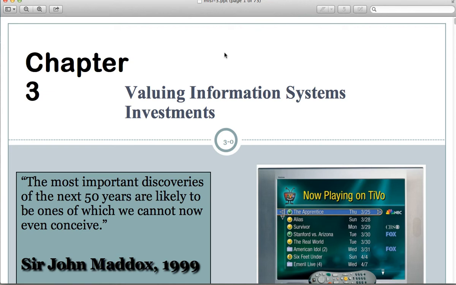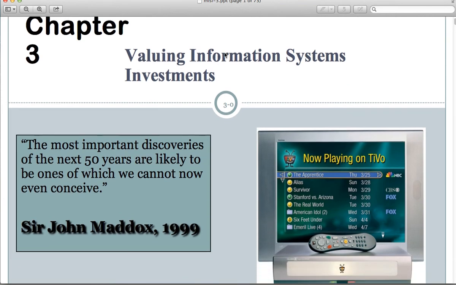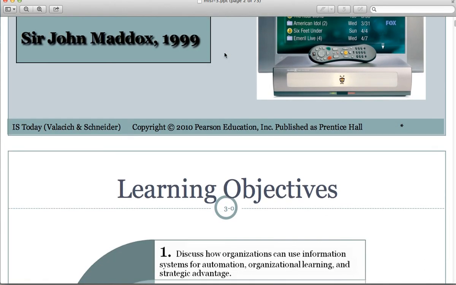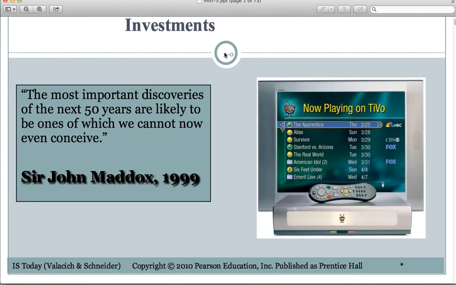You're still stuck with that same decision: how am I going to put a value on this system? Do we really need this system? Why should we use this system when we can use that system over there or that one over there? So this particular lecture, which I'm going to start today and finish next week, is about putting a value, putting a price on the investment.